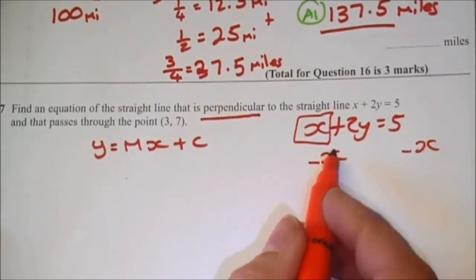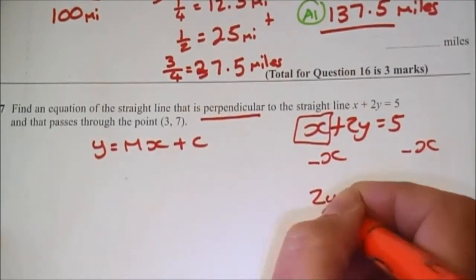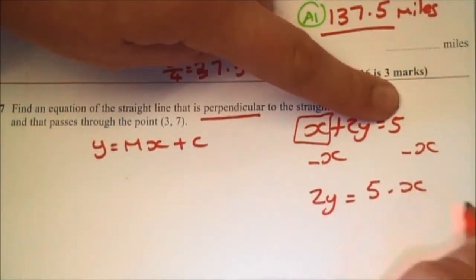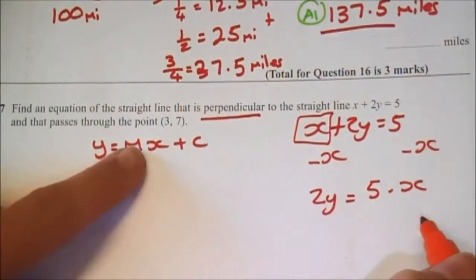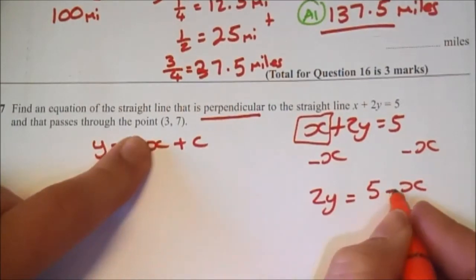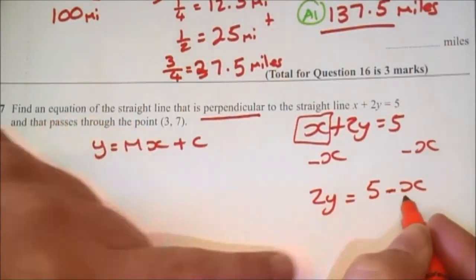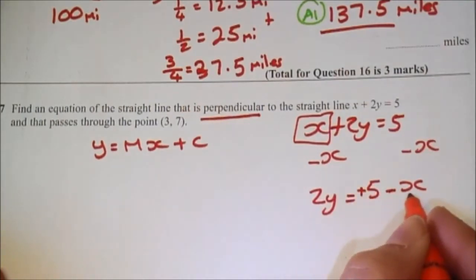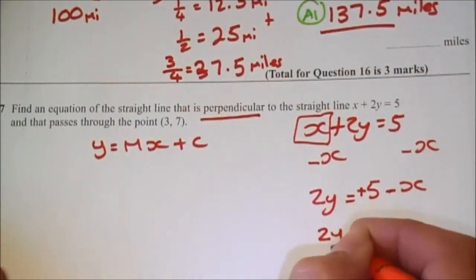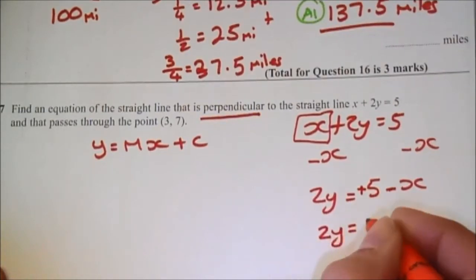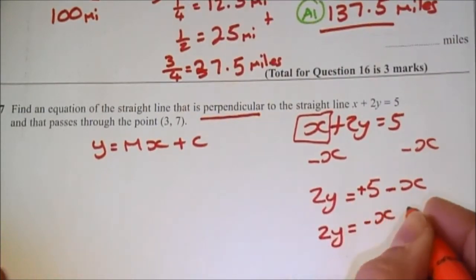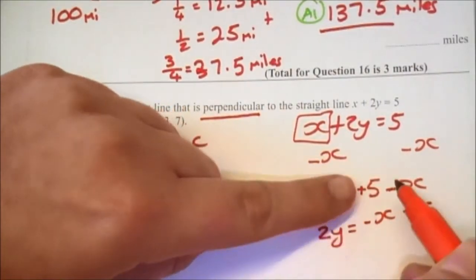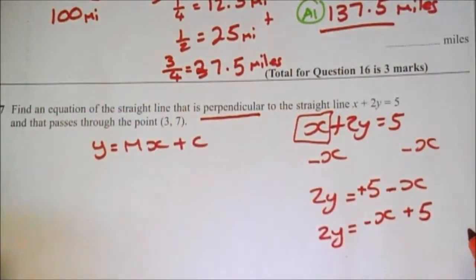So that's going to leave me with 2y is equal to 5 minus x. Now I want the x value first, so I'm just going to swap those around. As long as I know that's a positive 5 and that's a negative x, nothing's going to change if I call it 2y equals negative x plus 5. Exactly the same values, I've just put them in a different order.